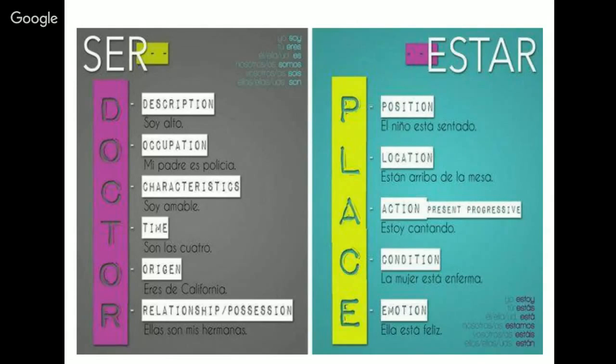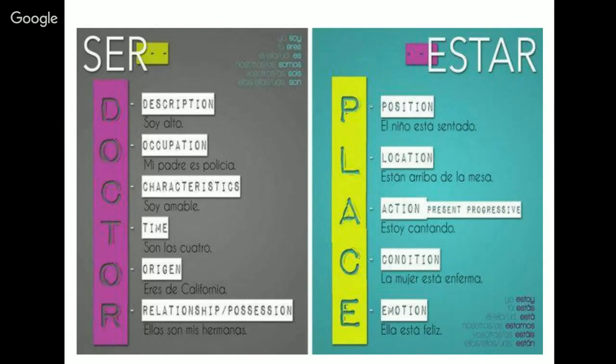The kid is standing up. Then location. Están arriba de la mesa. They are on the table. Another example would be estoy en Argentina. I am in Argentina.